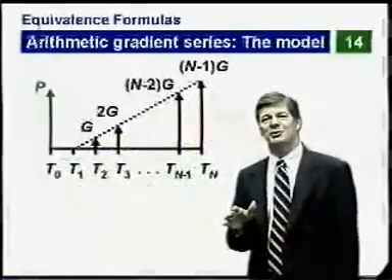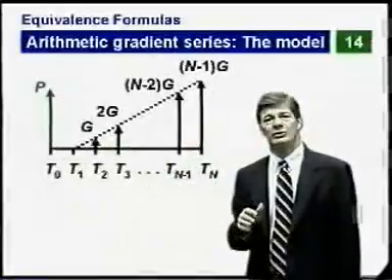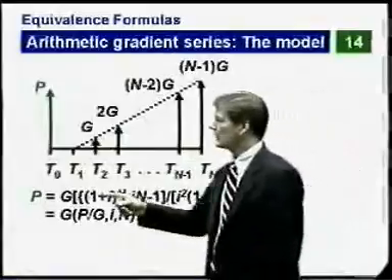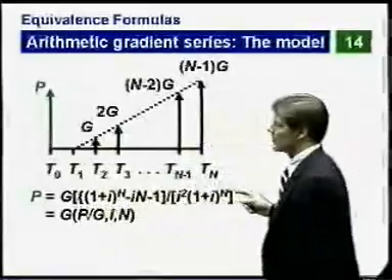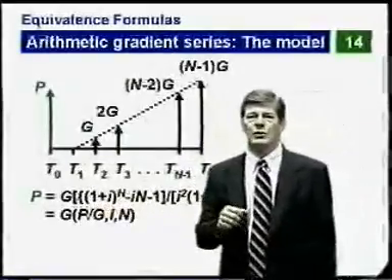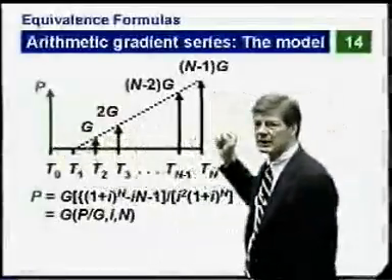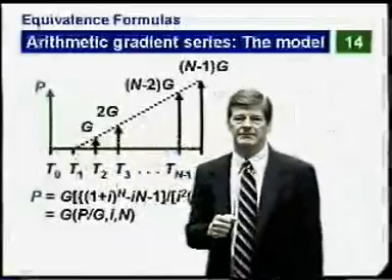If I do some algebraic manipulation of that formula, what you'll end up with is an expression that looks like this. That is, this quantity here in the brackets is the more concise representation of the equivalence formula that I would write to discount each of these cash flows back one at a time.